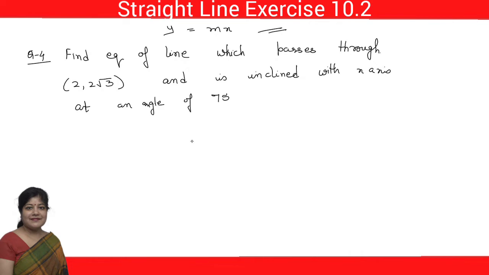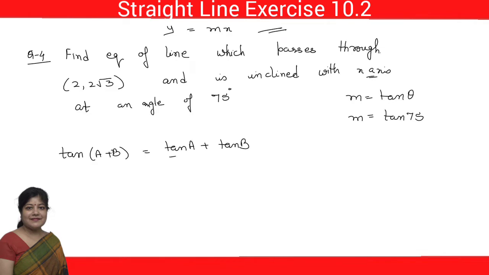Okay, now it is given as with the x-axis. So we take m is equal to tan 75. We have this formula for the slope. So now how can we find tan 75? In trigonometry we have a formula: tan of a plus b is equal to tan a plus tan b over 1 minus tan a tan b.